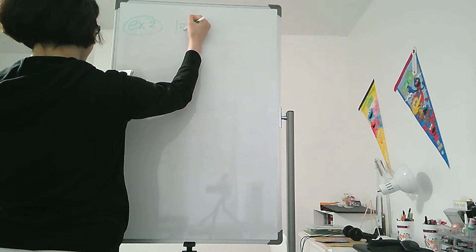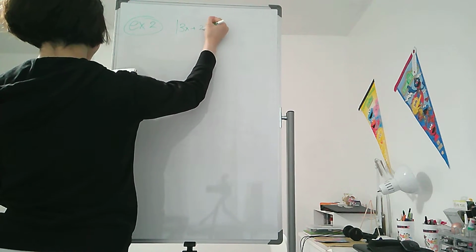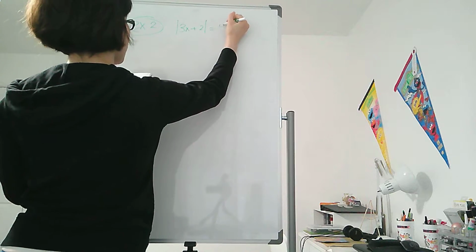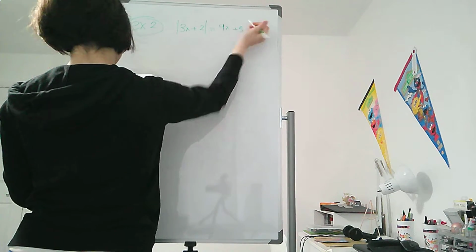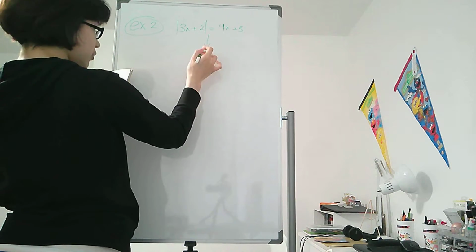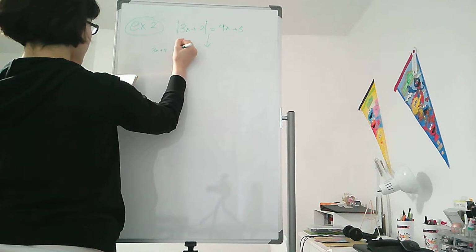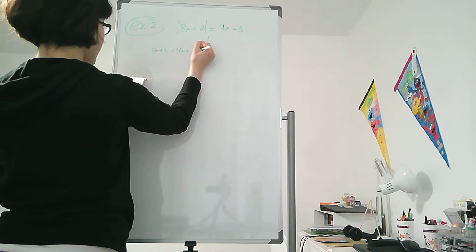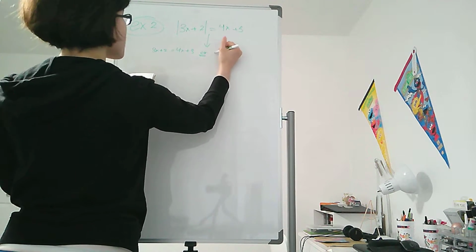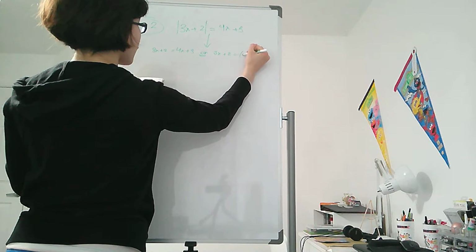So what we've got here is the absolute value of 3x plus 2 equals 4x plus 5, okay? So we can solve this using two equations. So this means 3x plus 2 equals 4x plus 5, or 3x plus 2 equals the negative of 4x plus 5.